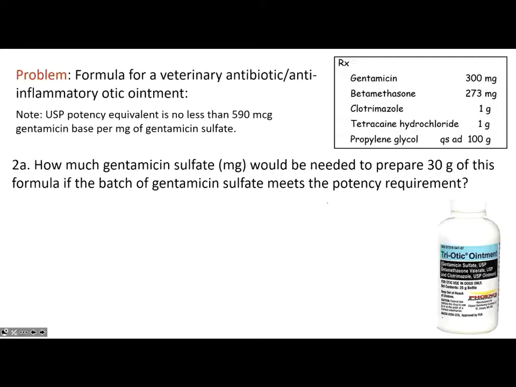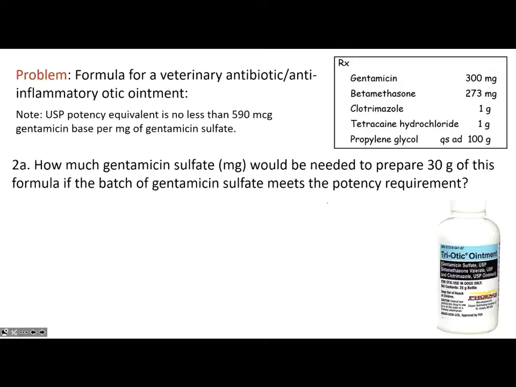To this first part of this question, the thing you got to realize, though, is gentamicin comes as gentamicin sulfate. Okay, think of it as a moiety versus a compound. The moiety in this case is gentamicin. The compound is gentamicin sulfate, because the additional information I give you is that based off of the commercially available gentamicin sulfate, that sulfate has essentially the potency of 590 micrograms of the base, that is the moiety, per milligram of the gentamicin sulfate.